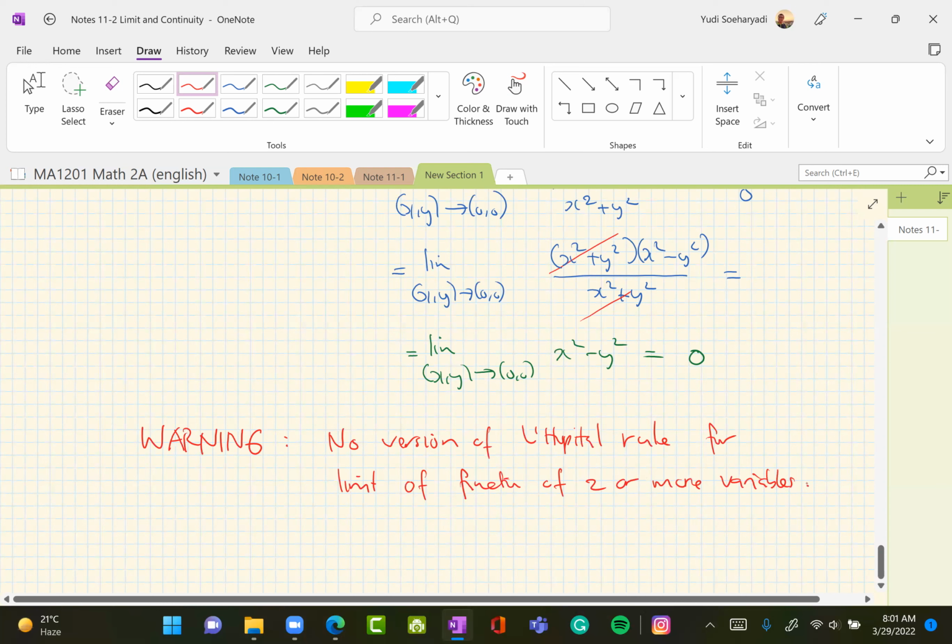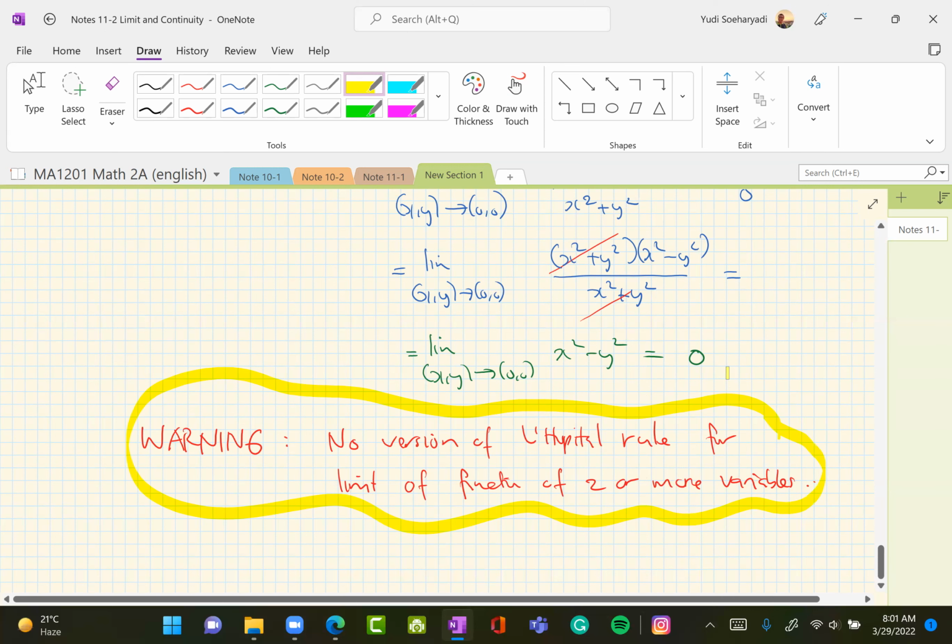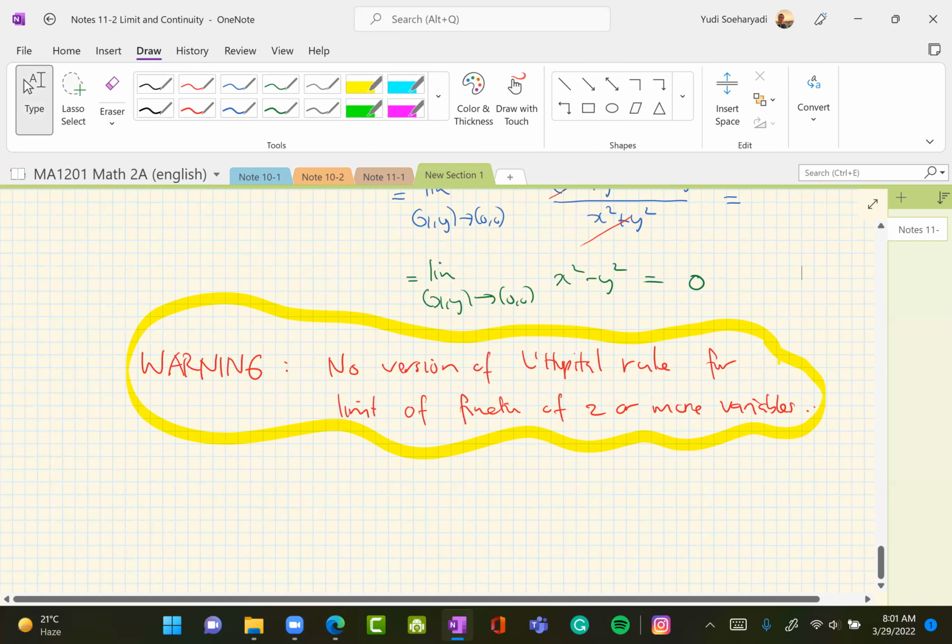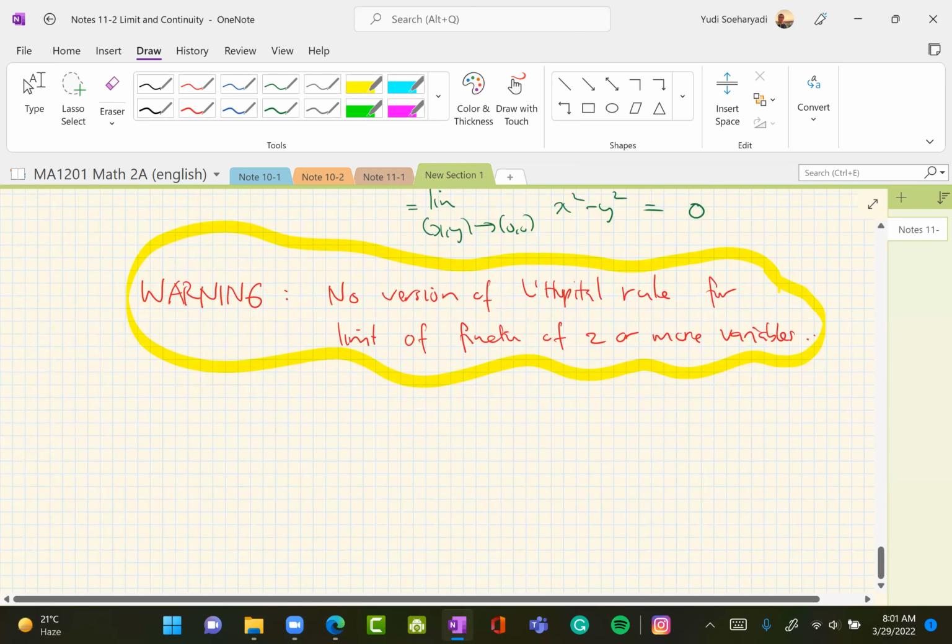So that's a problem. You cannot do L'Hopital in this case. So this is the important thing. You are left without the comfort of having L'Hopital.